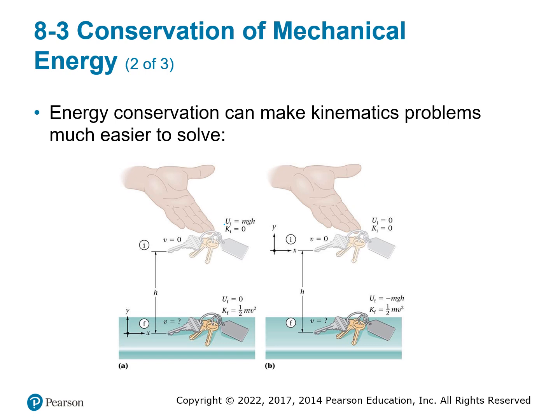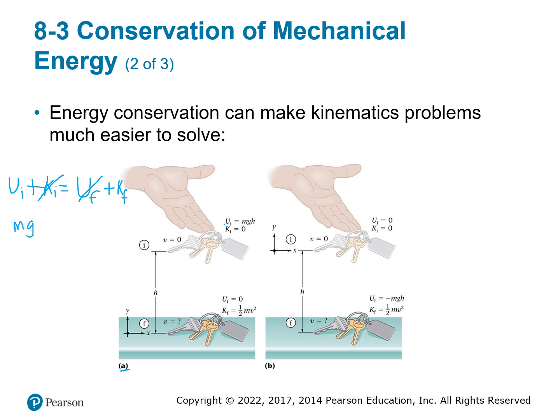So if you were to write out Ui plus Ki, right, initial mechanical energy is equal to final mechanical energy. So in A, you don't have initial kinetic energy, so that's just 0. You don't have final potential energy, so that's 0.